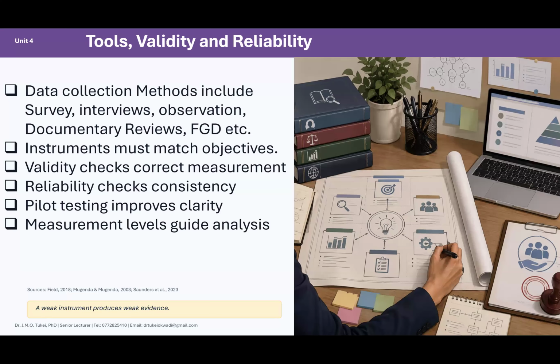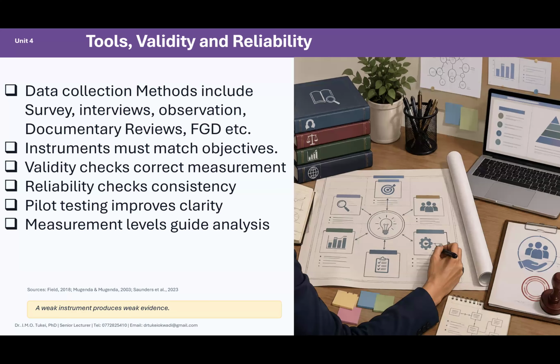In qualitative research, colleagues, related quality principles include credibility, dependability, confirmability, and transferability. Colleagues, expert review, pilot testing, clear wording, standard procedures, and researcher training improve quality.